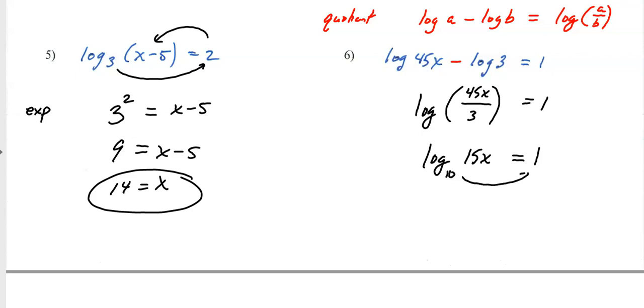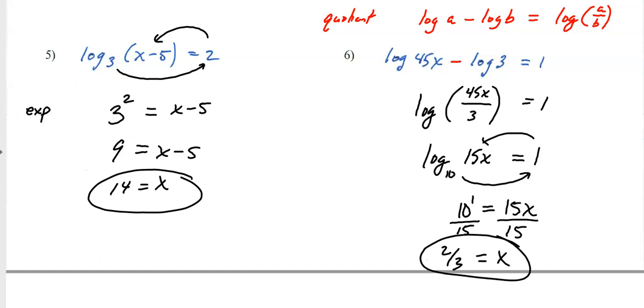So now I should be able to rewrite this in exponential form. 10 to the first power, which is 10, is 15x. Divide, divide. And we get x equals 2/3. So I kind of used the quotient property, and then I used exponential form right down here to finally close the deal, finally solve it.